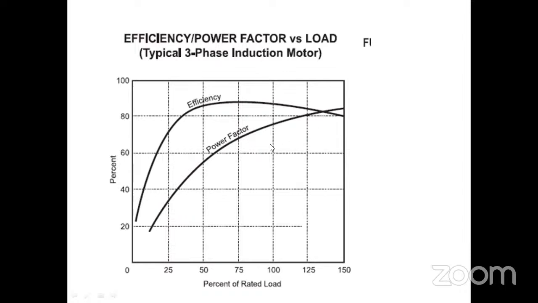So it increases with increase in load. Please keep this in mind, sir. Power factor increases, whereas efficiency increases initially, and after 50% of load, it slightly reduces. But before 50%, it steeply comes down. At 20% load and so on, the efficiency will be very, very low.